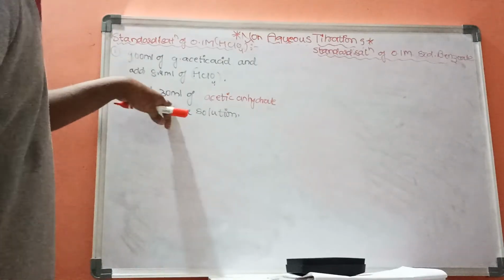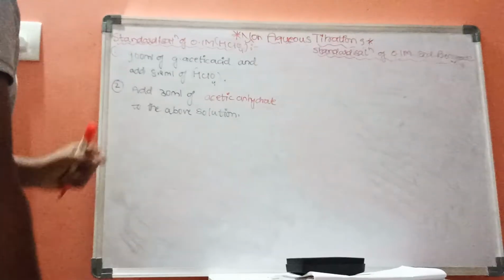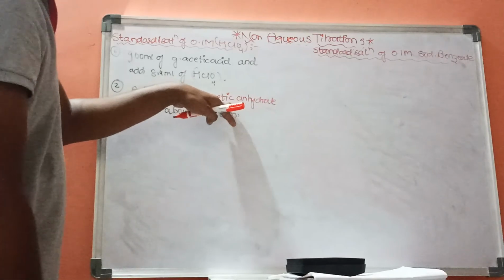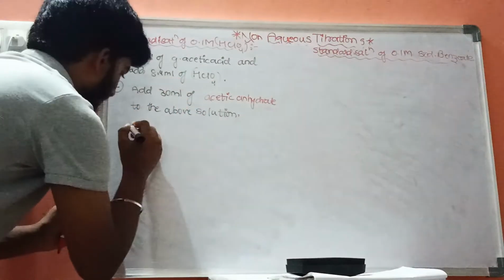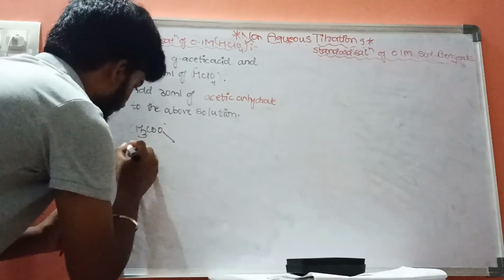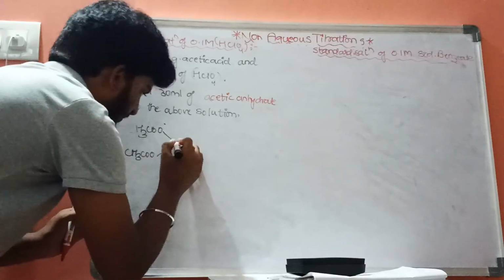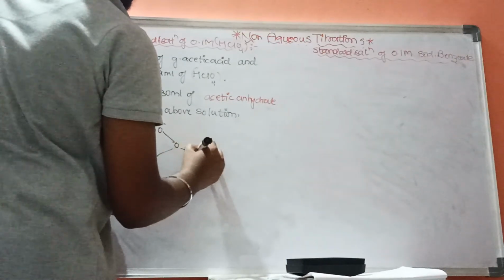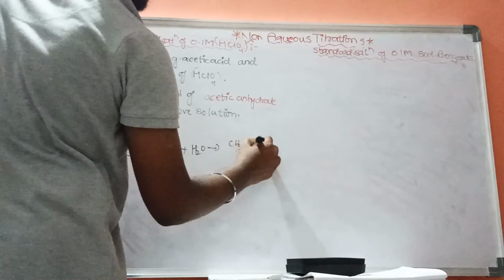And why is there a need to add acetic anhydride to this solution? When acetic anhydride reacts with water, it forms acetic acid, that is (CH3CO)2O plus H2O forms acetic acid.